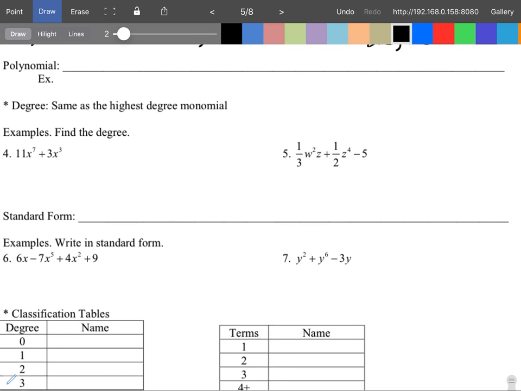And then those terms will be separated by addition and subtraction. So this is more than one term. So it's really the sum or difference of monomials.